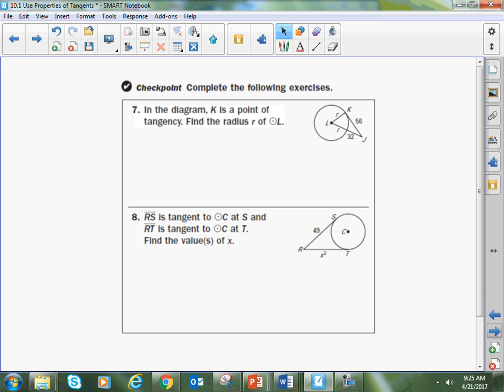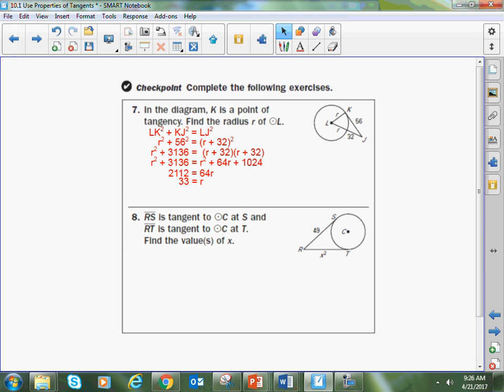So here on problem 7, what we're looking at is we're being told that point K is a point of tangency. Therefore, the triangle LKJ must be a right triangle. So we're going to use the Pythagorean theorem to figure out what the length of the radius is going to be. Plugging the values into the Pythagorean theorem, I'm going to get r² + 56² is equal to (r + 32)².